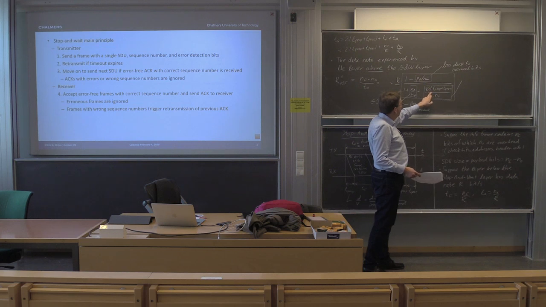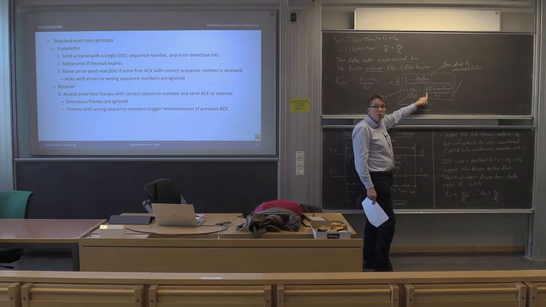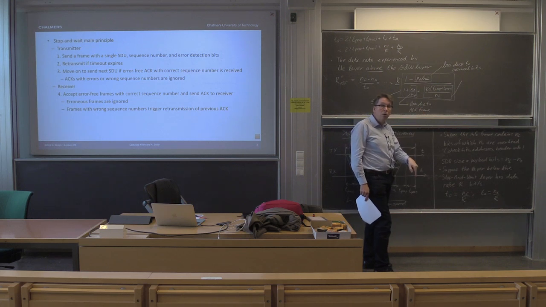So this one will be a large number, which is bad, right? Because it's in the denominator. So we would like this to be small, but you see it will be large, surprisingly, when R is large. The higher the data rate is below, the worse our efficiency will be. Interesting. It's sort of counterintuitive.